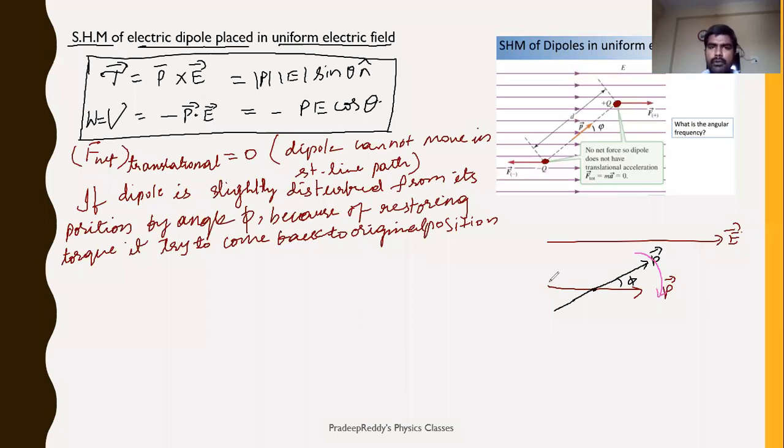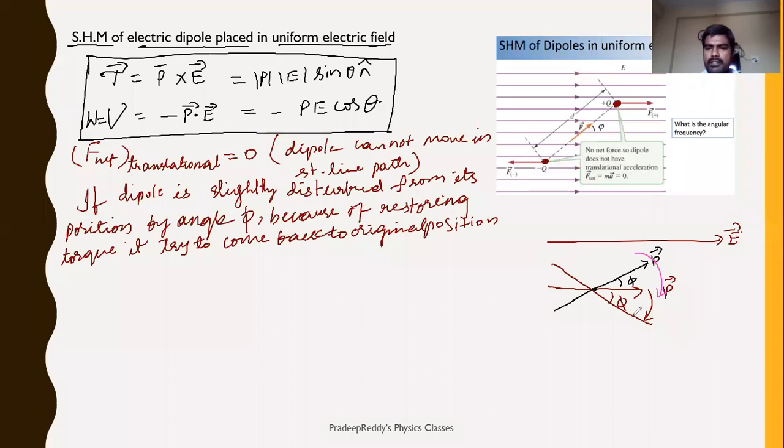Now after coming to the original position, it has moment of inertia, and it also has inertia of motion at this horizontal position. Because of that inertia of motion, this dipole tends to continue its path from the horizontal to another angle, usually pi.